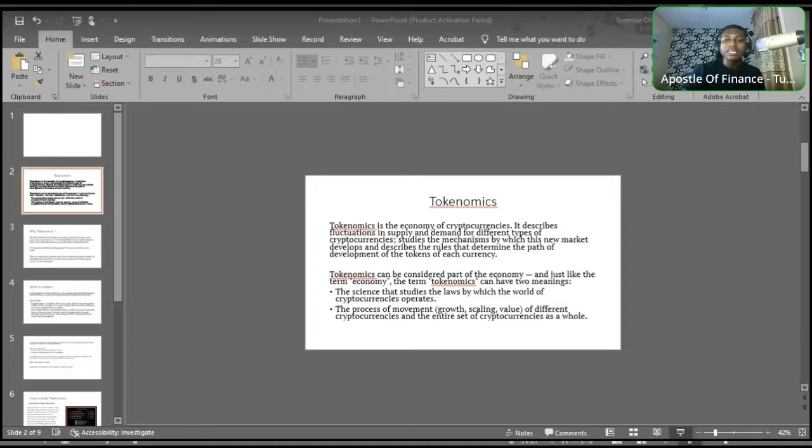So I can tokenize this my calculator. When I tokenize my calculator, I will design a digital form of my calculator.